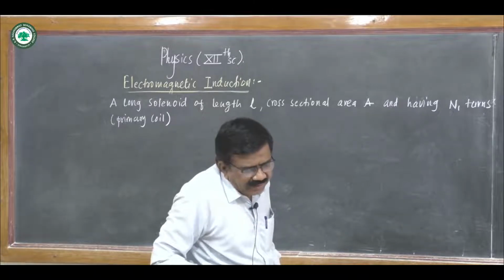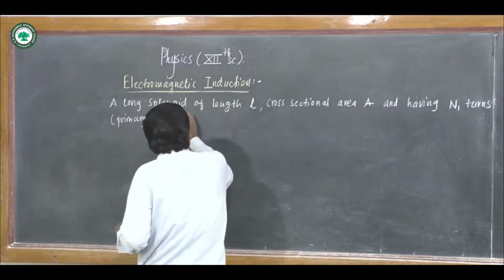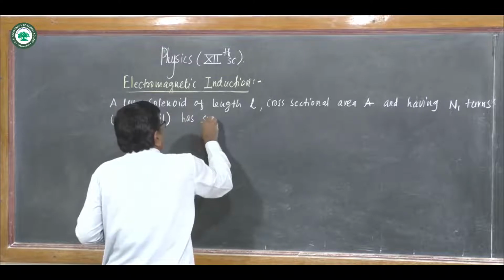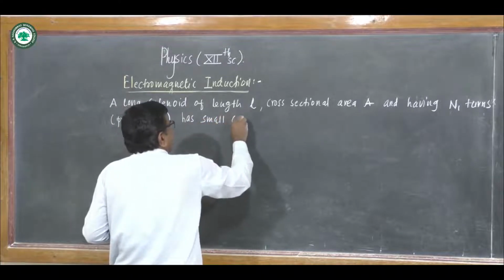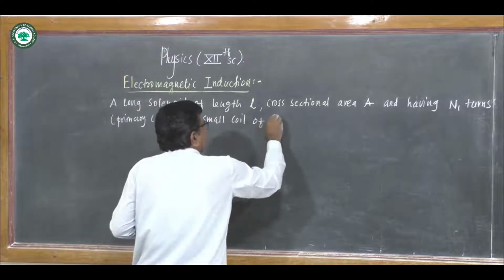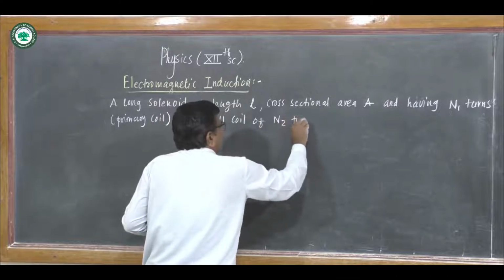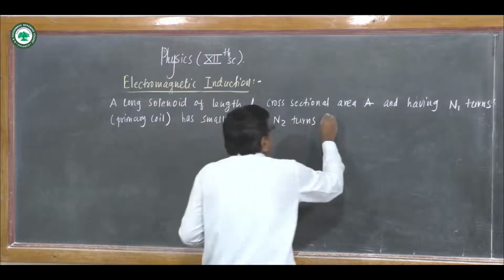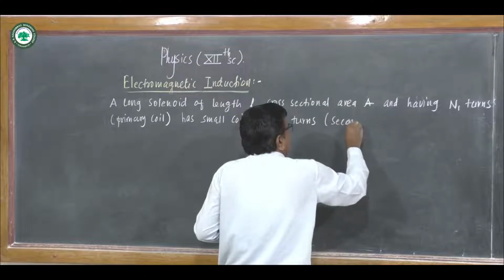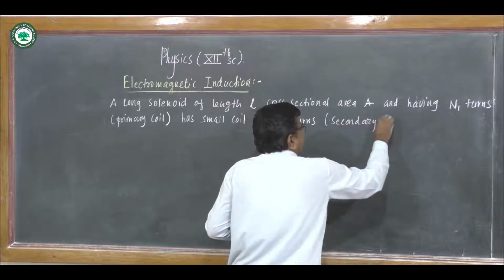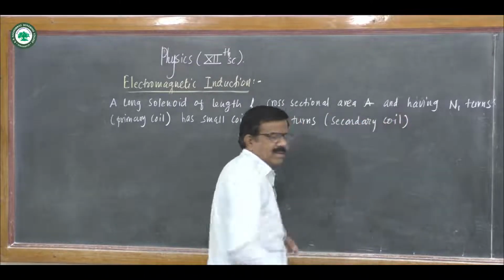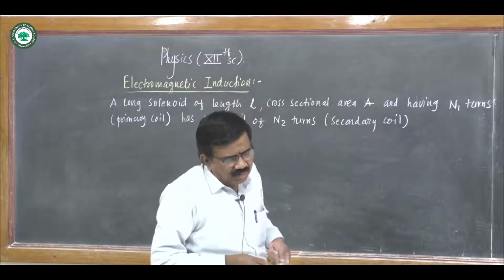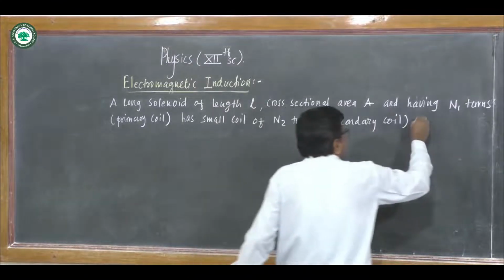It has a small coil of N2 turns, which is nothing but the secondary coil, wound about its center.